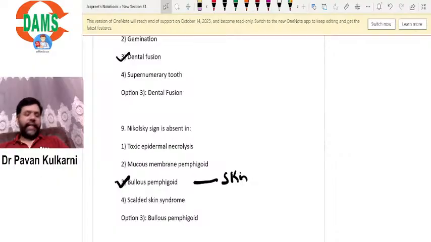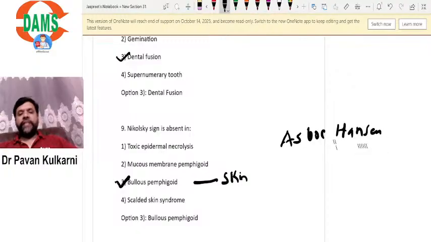I hope all of you are clear about this Nikolsky sign. There is one more important sign, called Asboe-Hansen sign. It is very simple. It is also known as blister spread sign.